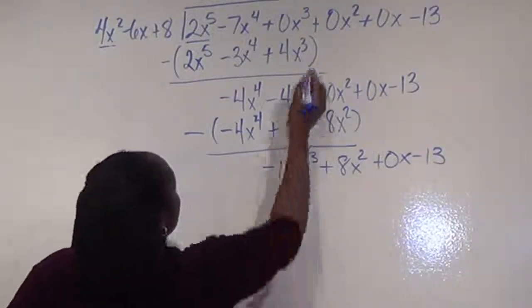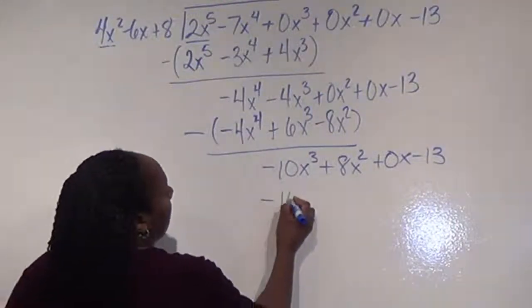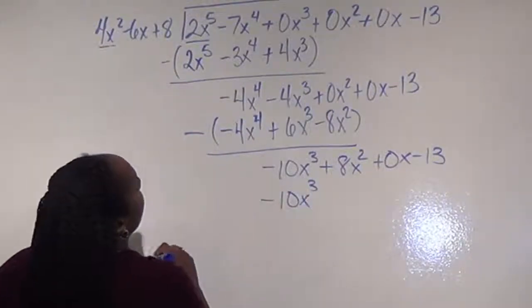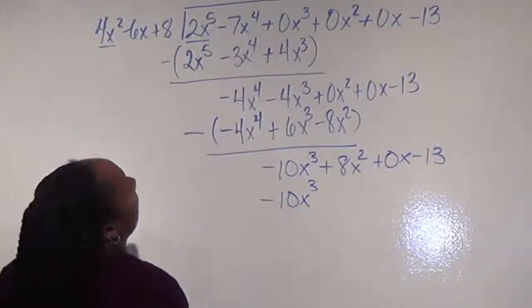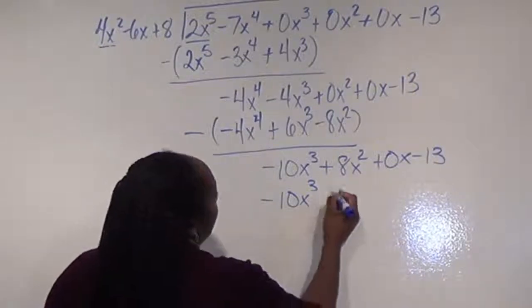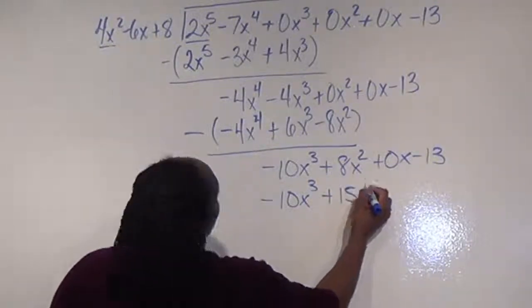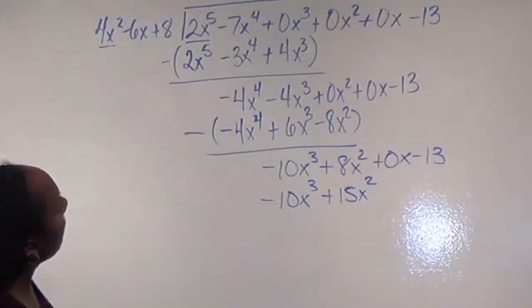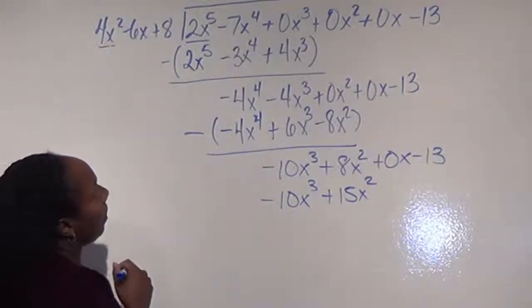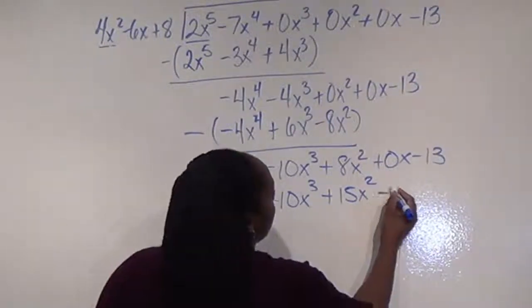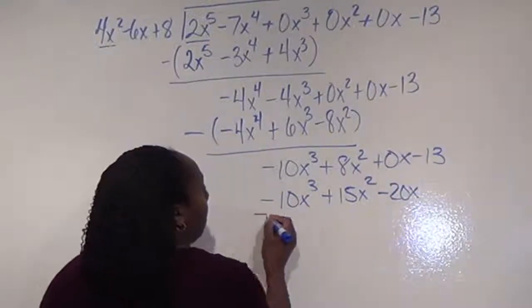Okay. So multiplying through, we'll get a negative 10x cubed. Multiplying 5/2 by 6 looks like a plus 15x squared. The 5/2 times the 8 looks like a minus 20x.